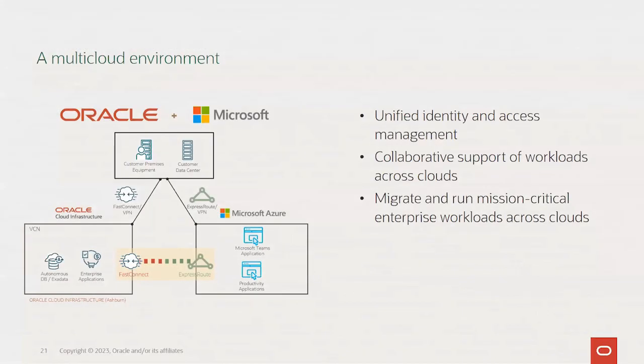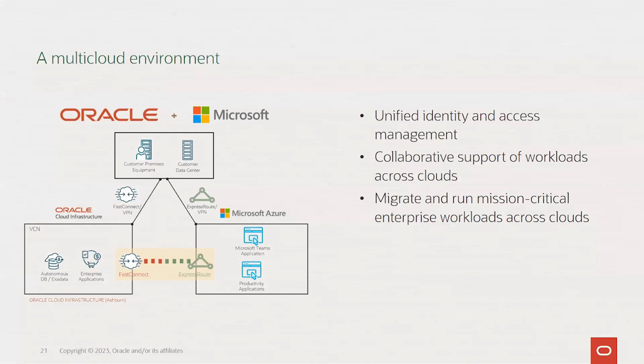So in this example, you have Oracle and Microsoft, and you have Fast Connect and ExpressRoute as your connectivity, and that is required. In all the cases I know, not just with Azure, but with other clouds, you have to have the Fast Connect capability.